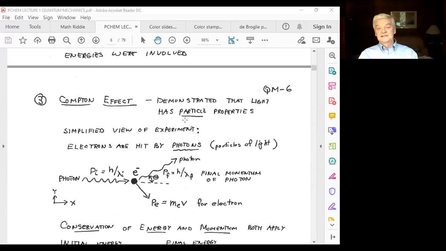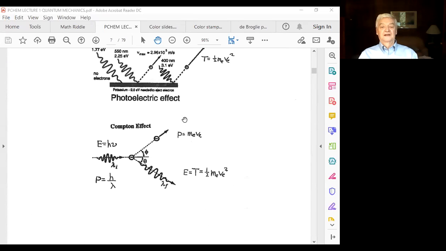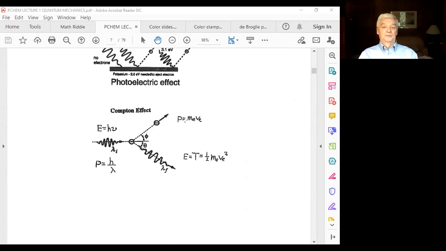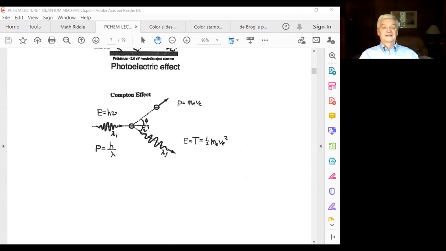Okay, next let's look at the Compton effect. And again, I'm going to look at a prettier picture of it than I have above. And here is basically what happens. Now, realistically, this is a very great oversimplification of how you can do an experiment. We're pretending we have an electron sitting still and we're hitting it with a photon.